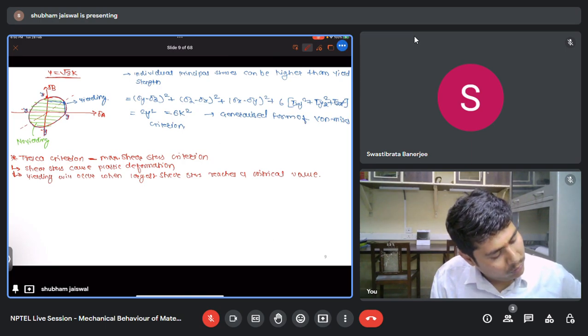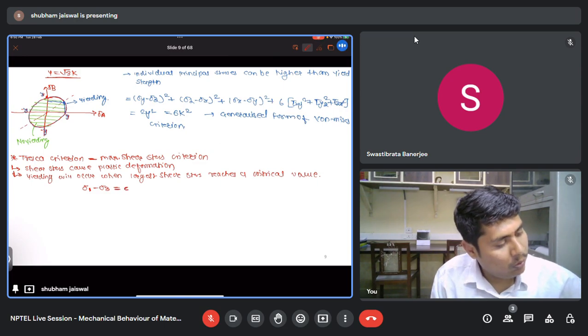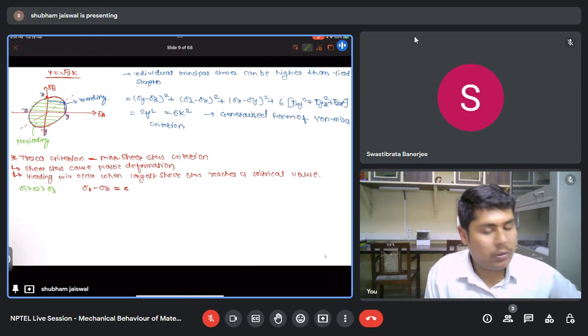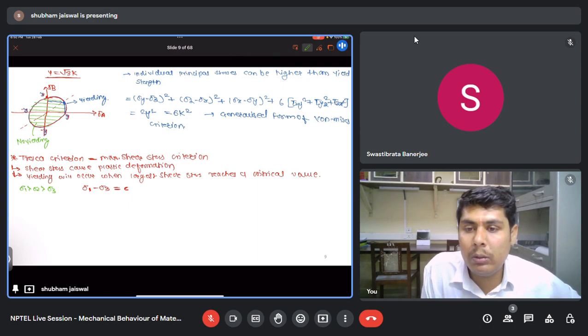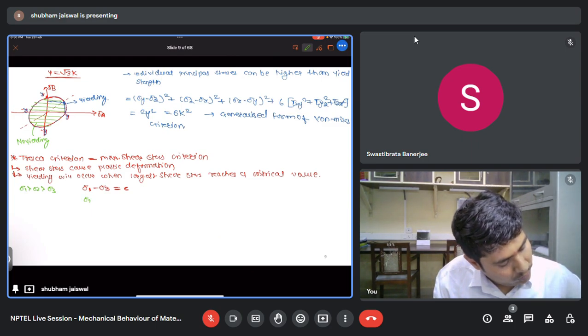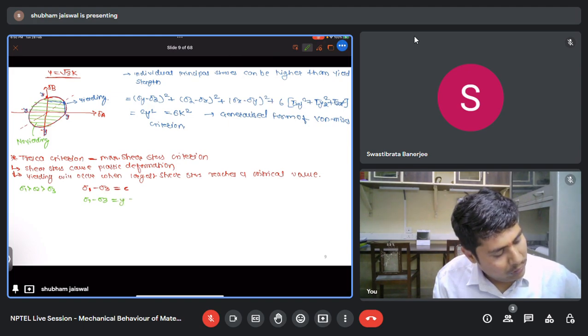That means the largest shear stress will be sigma 1 minus sigma 3, because we are assuming sigma 1 is greater than sigma 2 is greater than sigma 3. So the difference between sigma 1 and sigma 3 will be the largest. This will be our largest shear stress, so it should be equal to the yield strength or twice the shear strength.